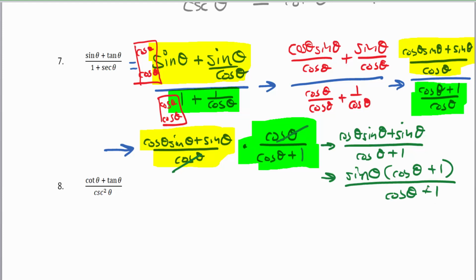And I showed you in the canceling no-nos that this was actually completely and totally legit. So your answer to problem 7 is sine of theta, which is a lot easier than that. This whole thing is sine theta.